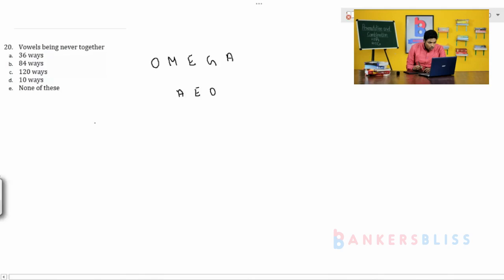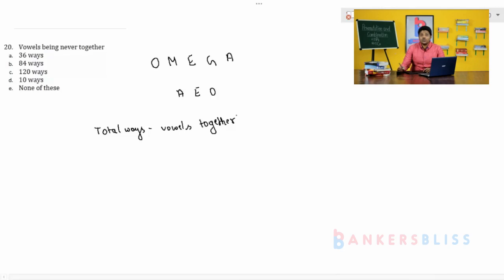See here, total number of ways minus vowels together. This is the best strategy to calculate, because it is very easy to calculate how many ways the vowels can be together and what is the total number of ways.